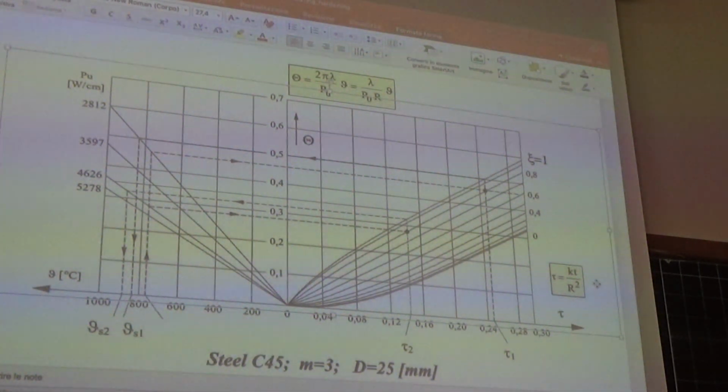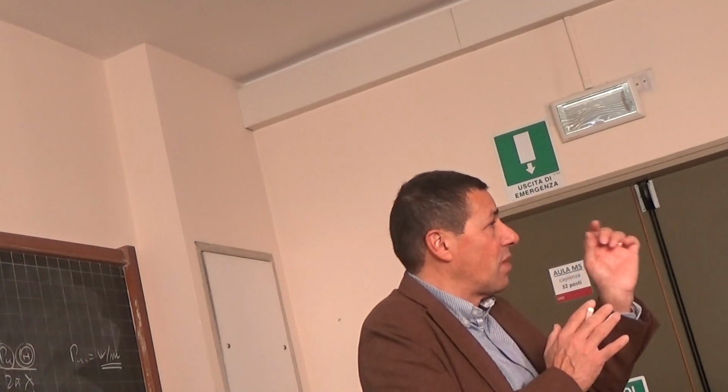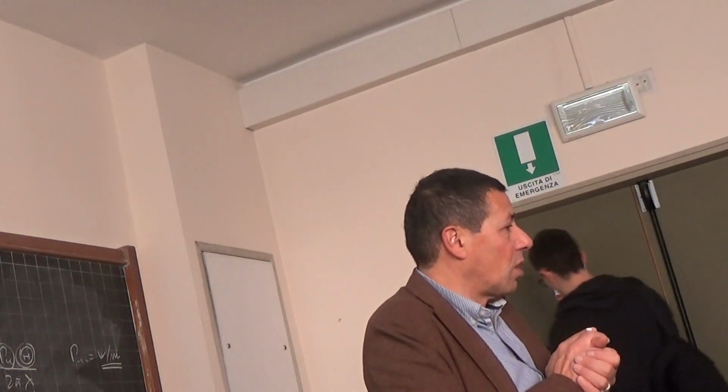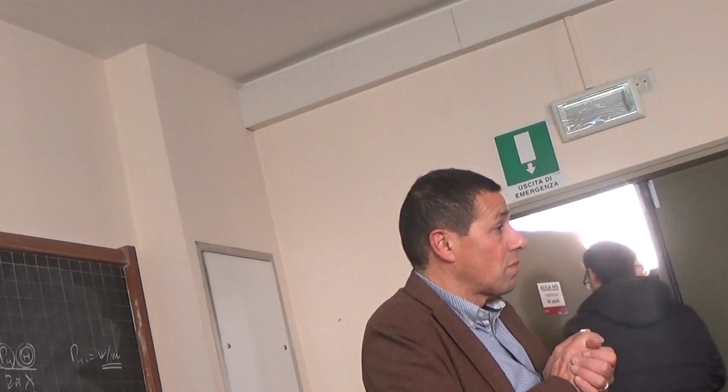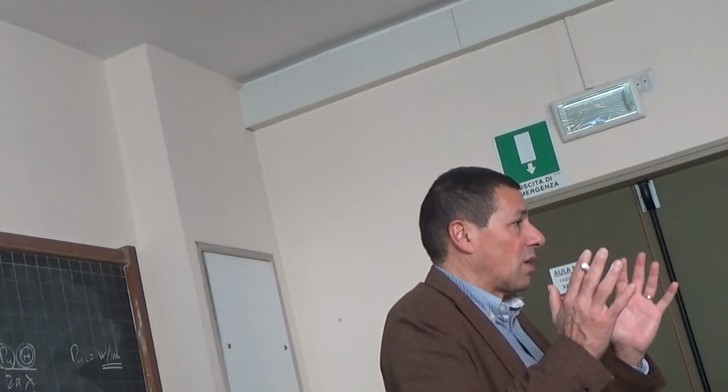Frequency means that I move the distribution more or less to the surface of the piece. More or less. In any case, we have a shallow distribution of the density. But it will be more or less shallow.